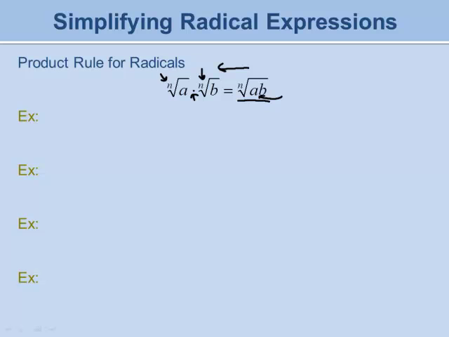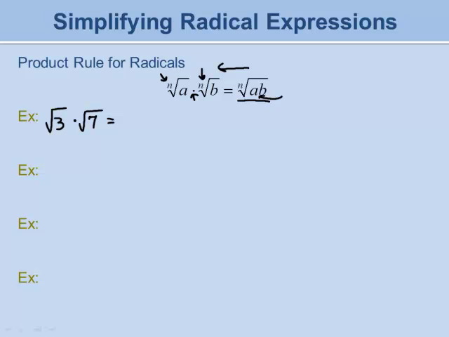So for example, let's look at this particular problem. Let's say that you are asked to simplify the square root of 3 times the square root of 7. Now, square root of 3 cannot be simplified any further. 3 is not a perfect square. Square root of 7, same thing. 7 is not a perfect square.